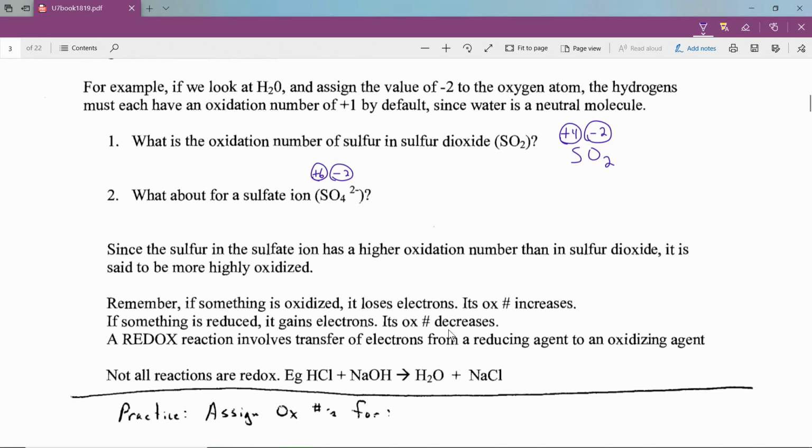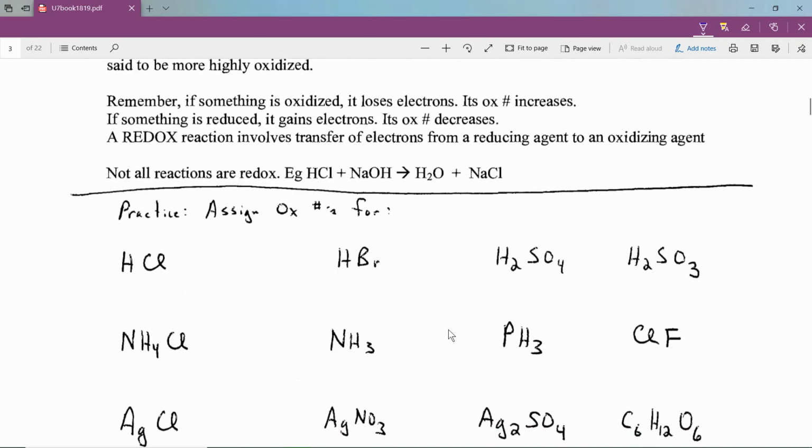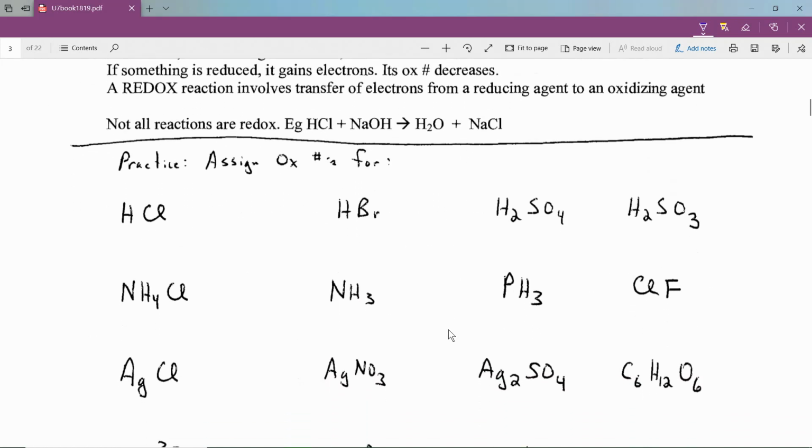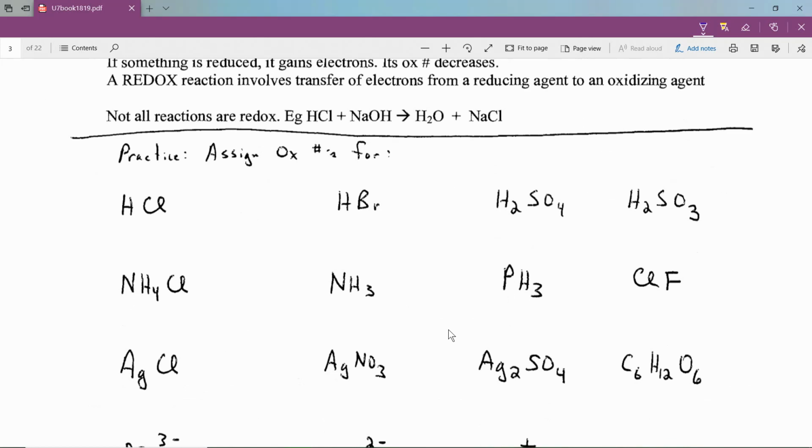Okay, so something that's oxidized is paired with something that's reduced. And just to show you, not all reactions are redox. Like acid-base reactions of the Arrhenius kind are not. If I go here, I got hydrogen +1, chlorine -1, sodium +1, oxygen -2, hydrogen +1, and then on the product side, hydrogen +1, oxygen -2, sodium +1, chlorine -1.